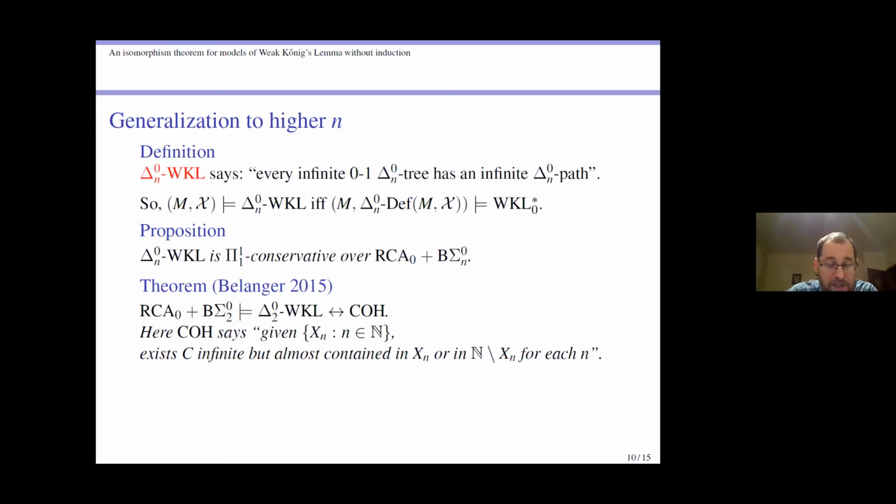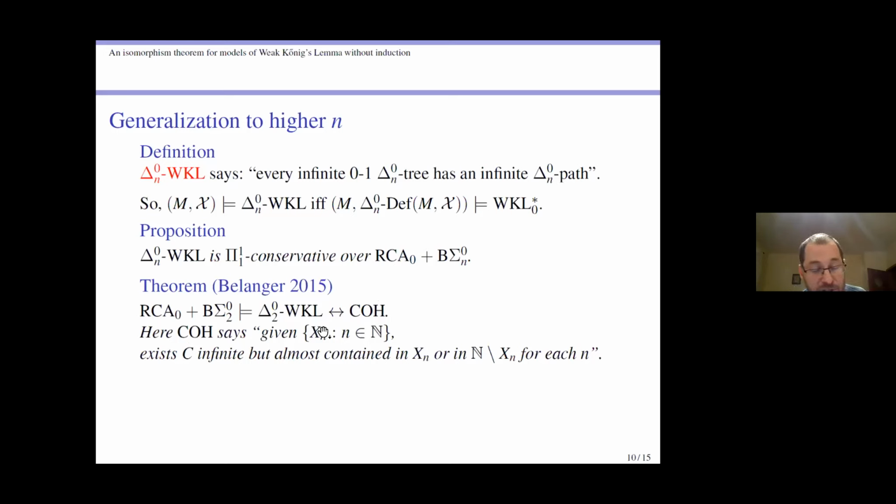He showed that this principle Δ₂ weak Kőnig's lemma is equivalent to a different principle. It's a consequence of Ramsey's theorem, in fact, known as the cohesiveness principle, COH. This principle says the following thing: if you were given a sequence of sets, X₀, X₁, X₂, and so on, then there's one infinite set that uniformly splits these guys into small and large.